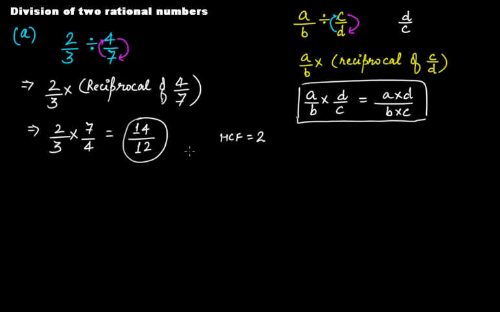But if you want to simplify it, then just divide numerator with 2, that is the highest common factor, and the denominator with 2, that is with the highest common factor, and you get 7 over 6. So even this is the simplified form of 14 over 12.